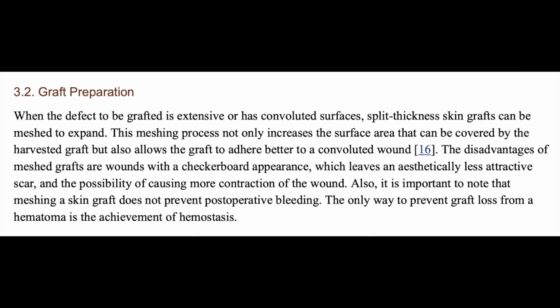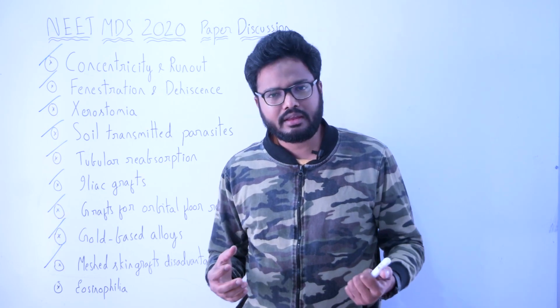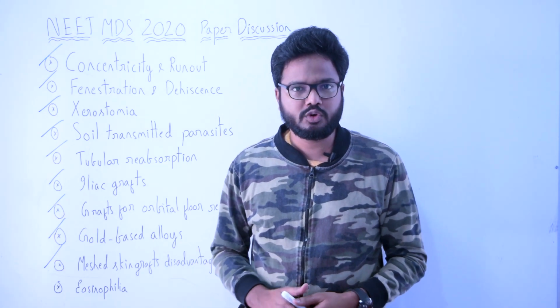This meshing process not only increases the surface area that can be covered by the harvested graft, but also allows the graft to adhere better to a convoluted wound. The disadvantages of meshed grafts are wounds with a checkerboard appearance, which leaves an aesthetically less attractive scar, and the possibility of causing more contraction of the wound, right? Just look into this literature again. If you need any additional information, do let me know.